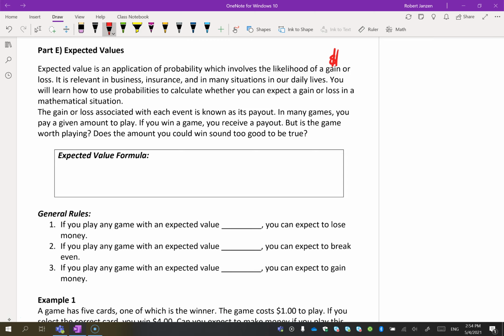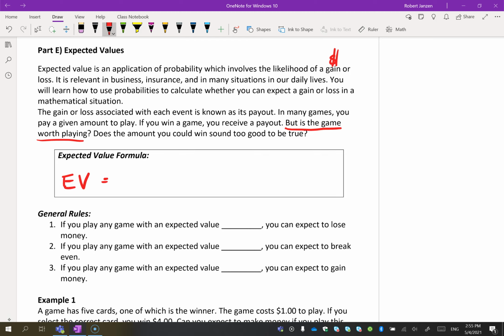In many games, you pay to play and you hope to win some money. You hope to receive a payout. But is the game worth playing? That's the big question. Does the amount you could win sound too good to be true? So there's a formula, and I think you should have this on your cheat sheet.